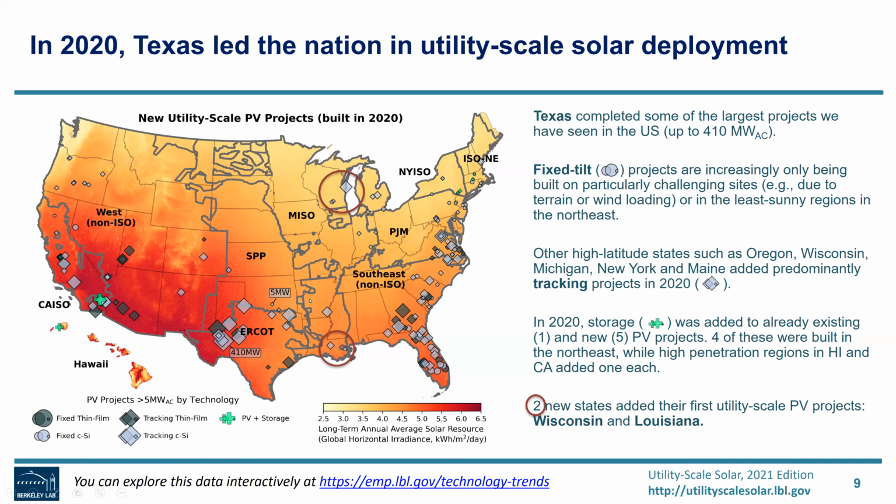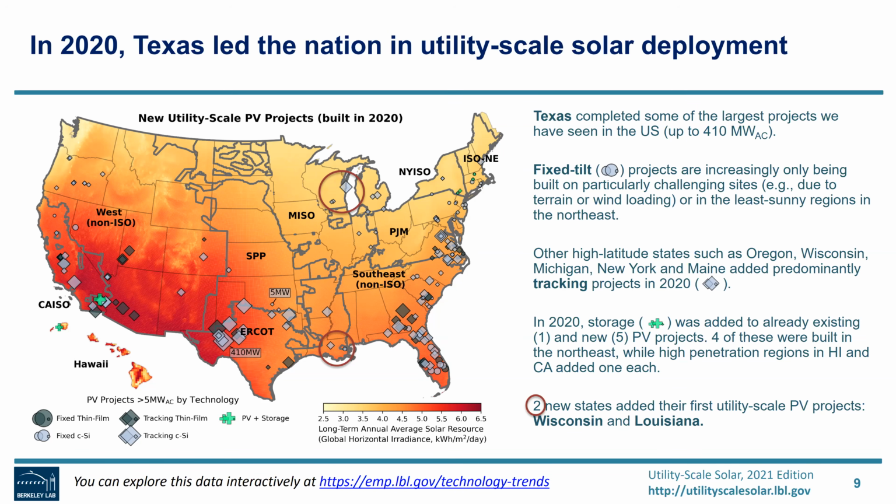This map shows all the new large-scale solar additions in the United States in the year 2020 alone. As we don't have cumulative installations pictured on this map, you don't see all the little dots of projects coming online over the past years in the 44 states that now have utility-scale solar installations.